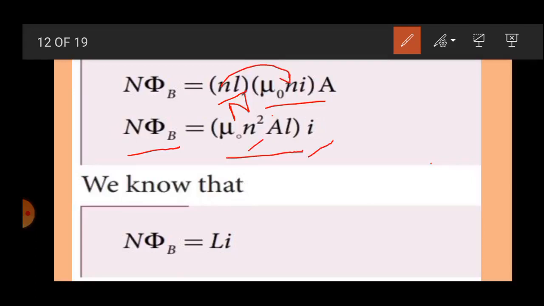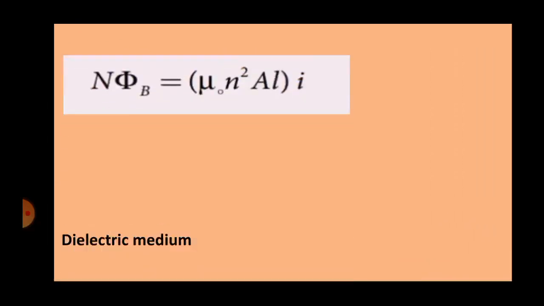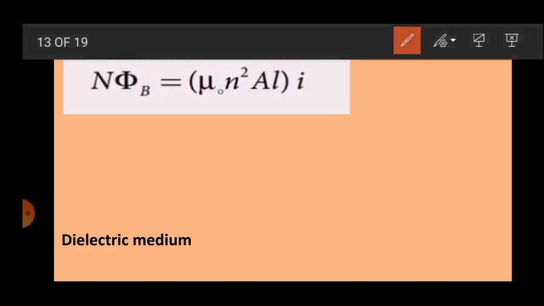Already we know that N phi B is equal to L i. Now substitute this equation: L i is equal to mu naught n square A L into i.